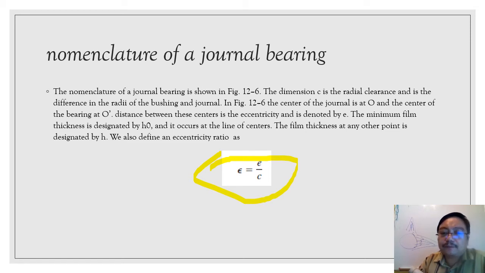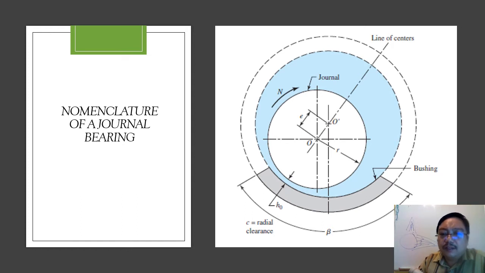Okay, so the nomenclature of the journal bearing, you can see here, C is the radial clearance. N is the speed of the journal. And this is the journal. O is the center location of the bushing, and O' is the center location of the journal, and the difference is e.